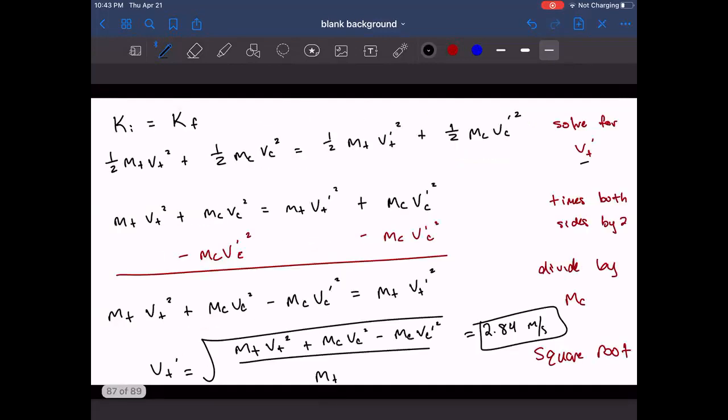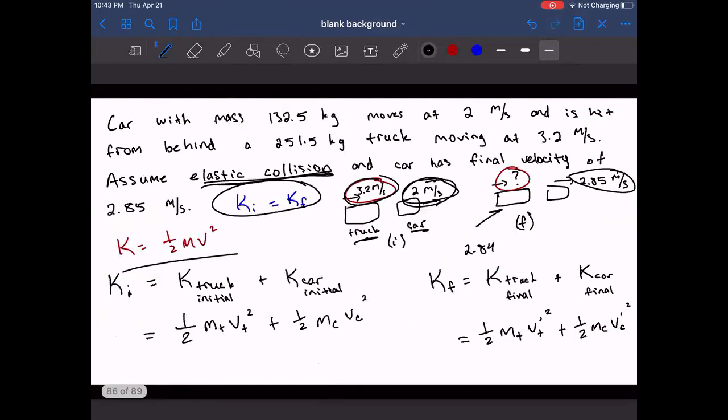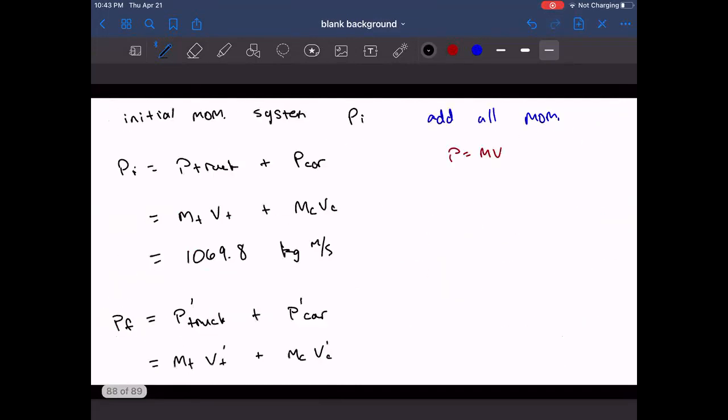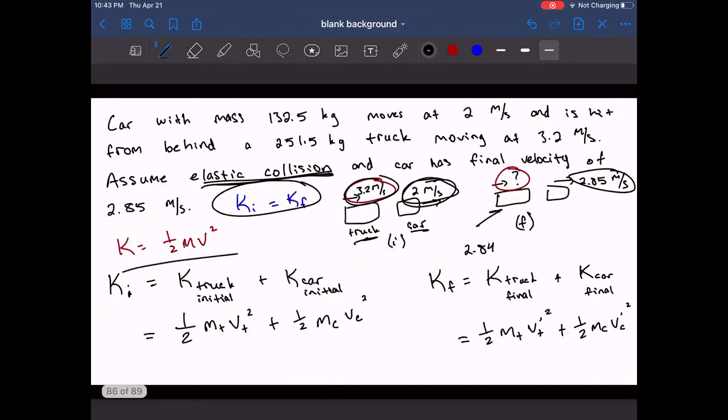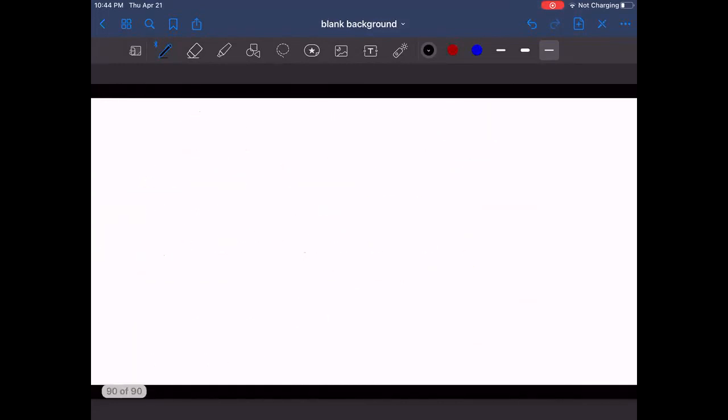So the momentum of the truck, it's moving. That's what we calculated for the truck, 2.84. The mass of the car is 132.5 times the final velocity of the car, 2.85, which they give us, plus the mass of the truck, 251.5 times the final velocity of the truck.